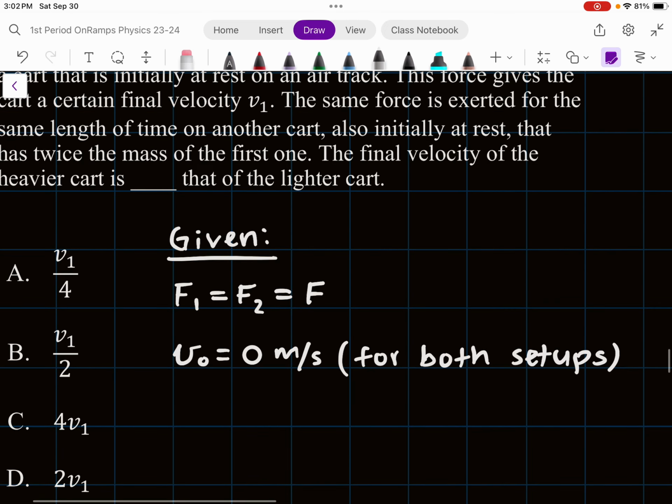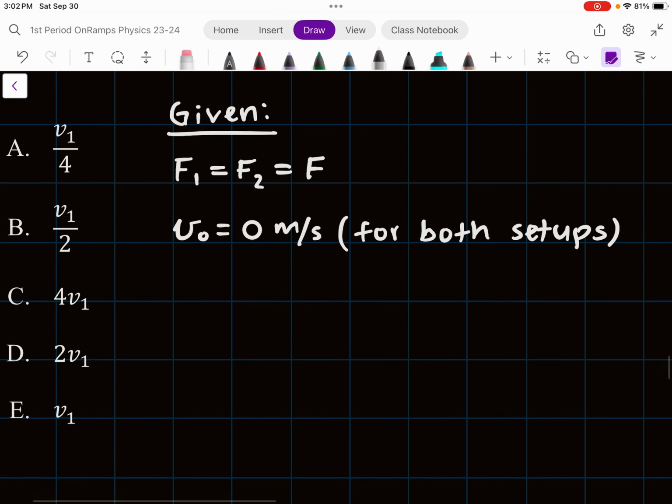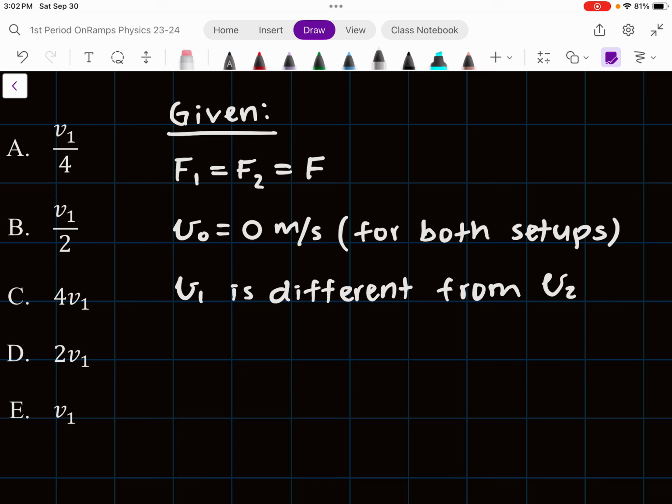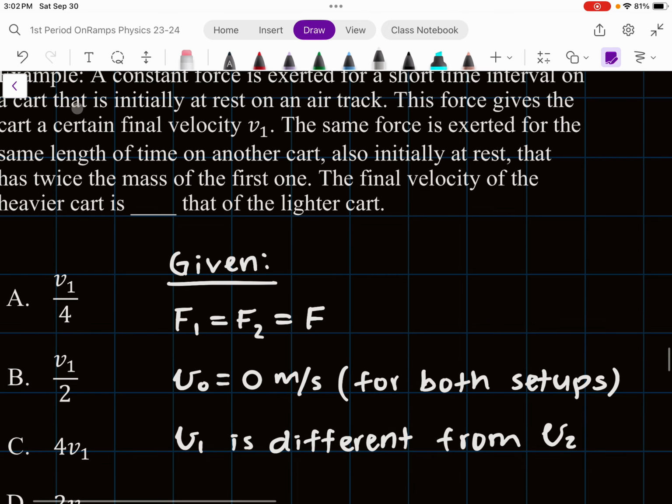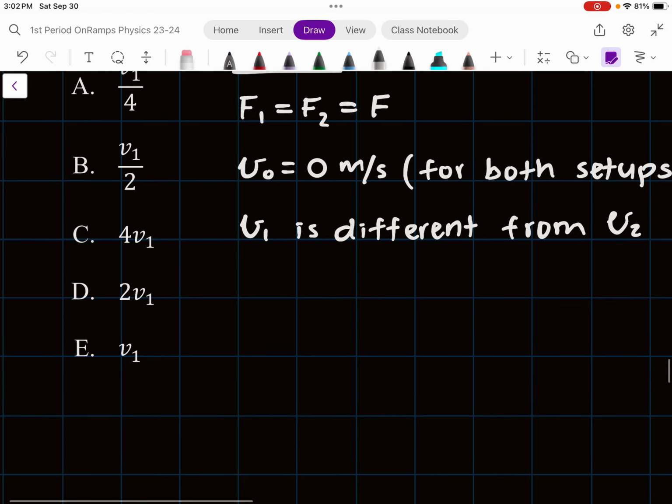And we know that the velocities will be different, so we can say V1 is different from V2. And we're also told that the time interval is the same, same length of time. So time 1 is equal to time 2, which is simply time.